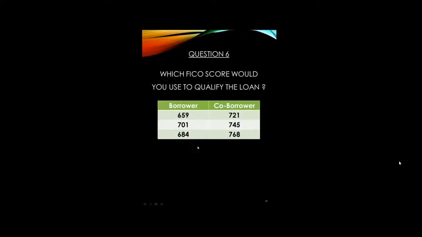Question 6. Which FICO score would you use to qualify the loan? So we have 3 credit scores for each borrower, and there's 2 borrowers. So there's really two calculations you're going to be doing to find out the answer, and I'll explain that shortly.